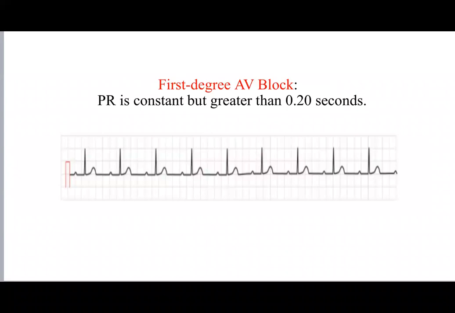Okay, in a first degree AV block, you're going to have a PR that is constant. However, it's going to be longer than 0.2 seconds, which is the normal for the PR interval, right? So that means that between the SA node and the AV node, there is a little delay, right?